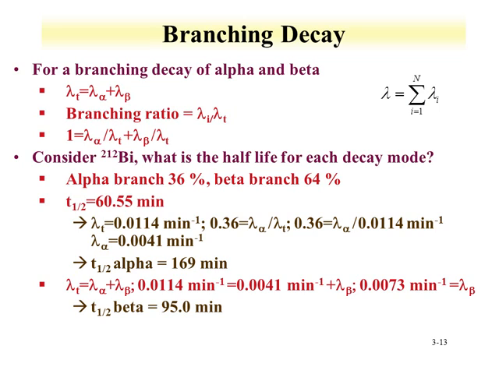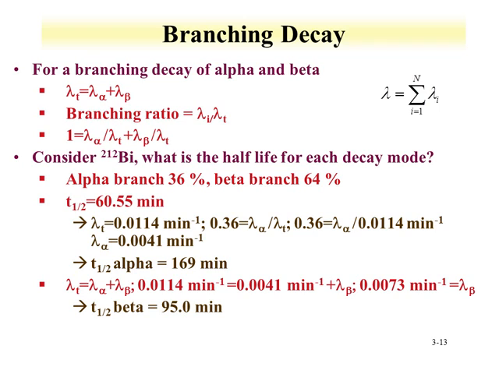So for bismuth-212, what's the half-life of each decay mode? The alpha branch is 36% and the beta branch is 64%. The total half-life is about an hour. So the decay constant of this is listed here, 0.0114 inverse minutes.